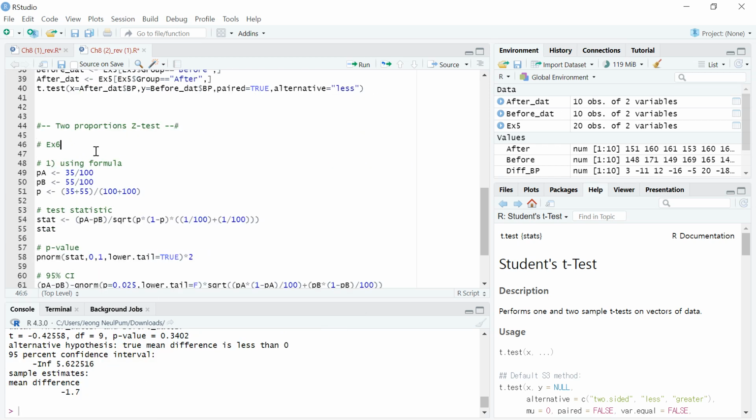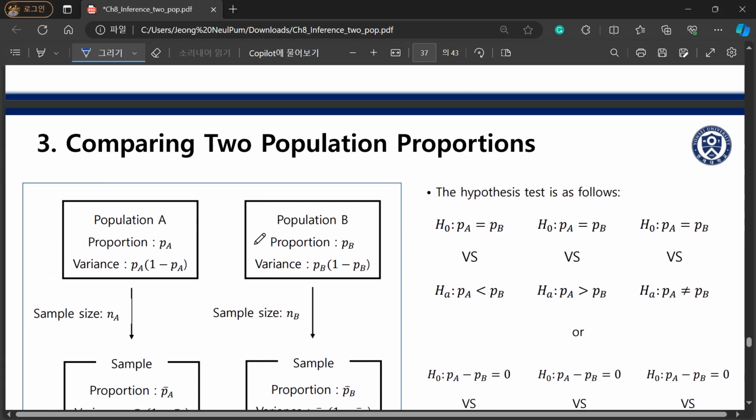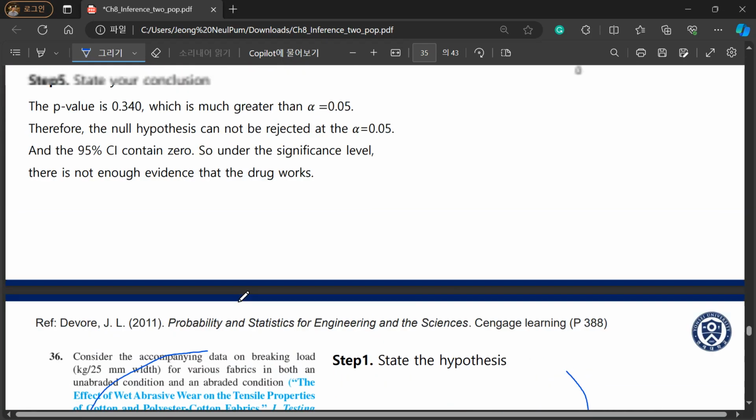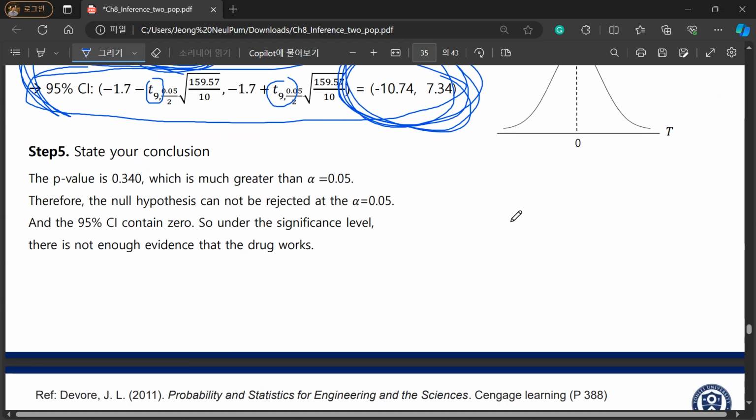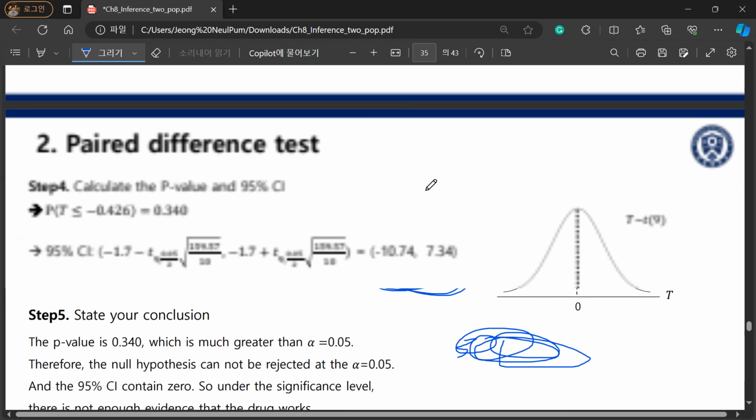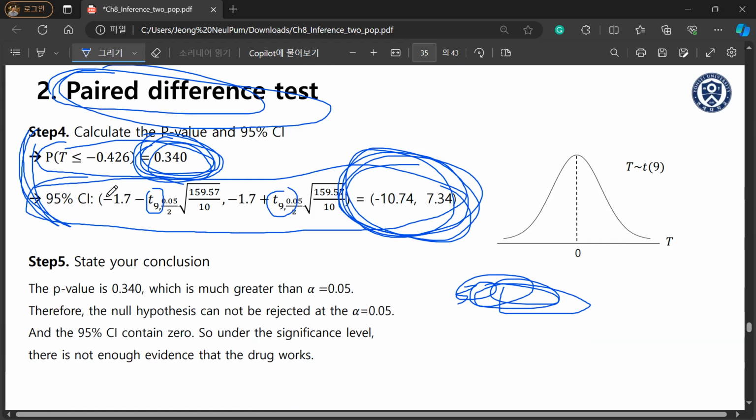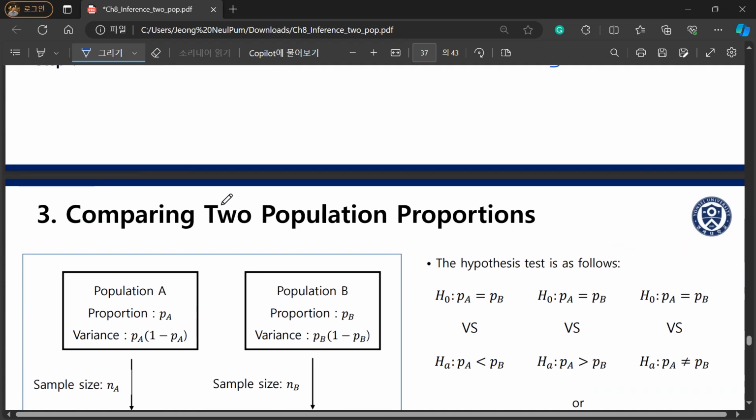And this is the last thing. We have done with the three situations about population mean, and the fourth situation is about the paired difference test. And the fifth situation is that we are dealing with two population proportions.